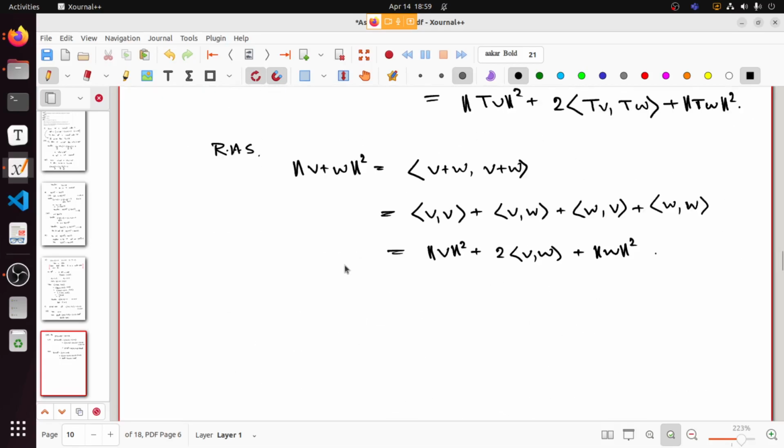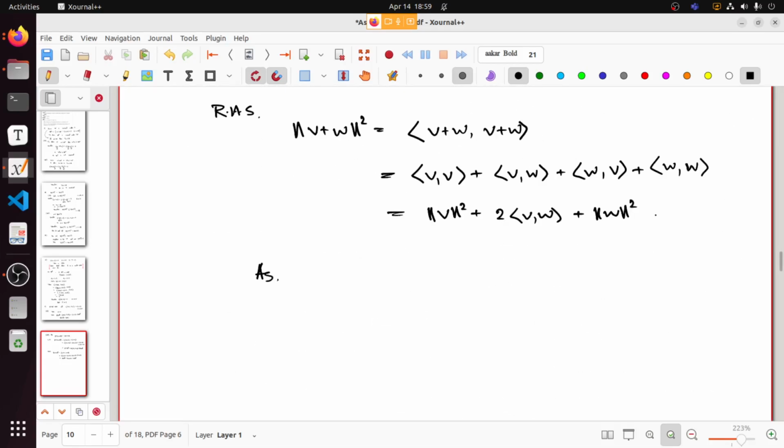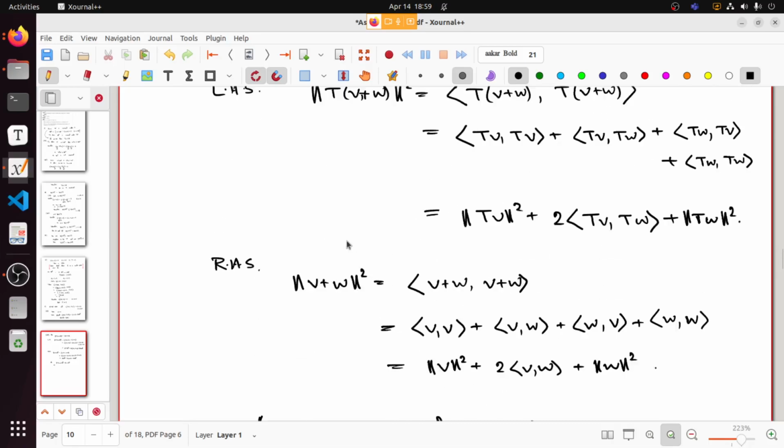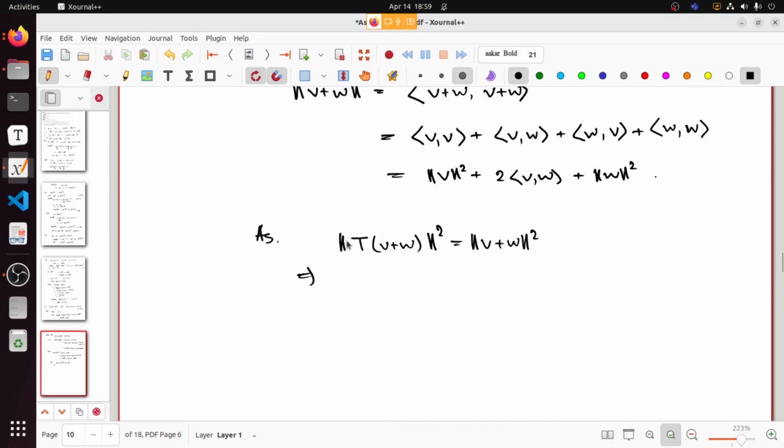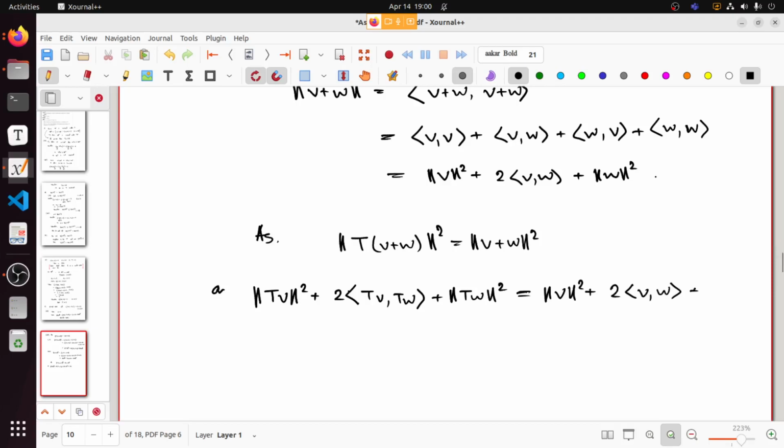Now because these two are equal, as norm T of V plus W squared equals norm V plus W squared, this implies, putting both sides, norm Tv square plus 2 times inner product Tv comma Tw plus norm Tw square equals norm V square plus 2 times inner product VW plus norm W square.